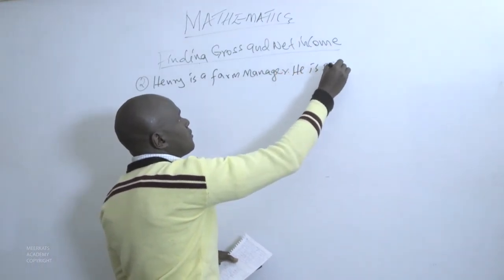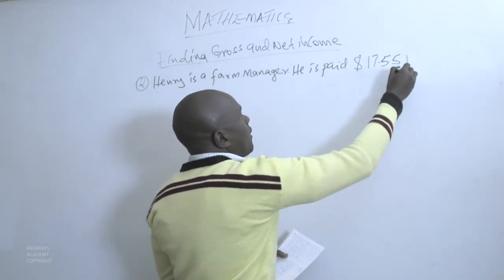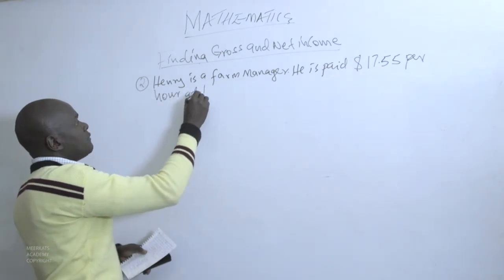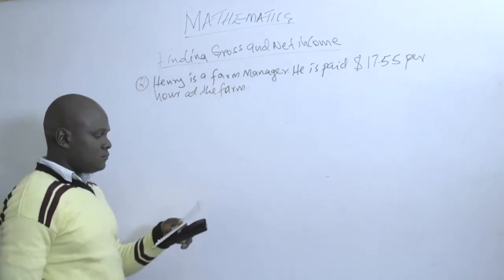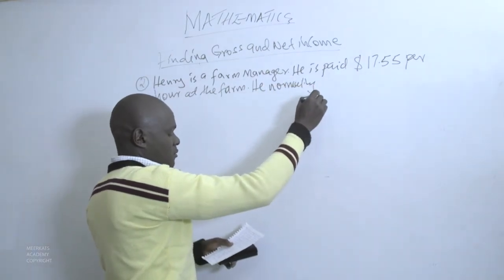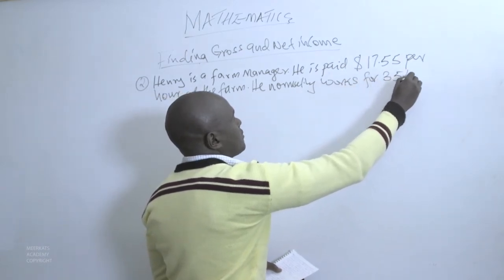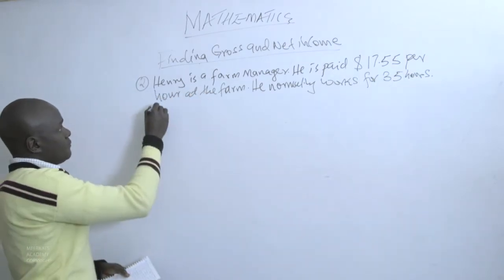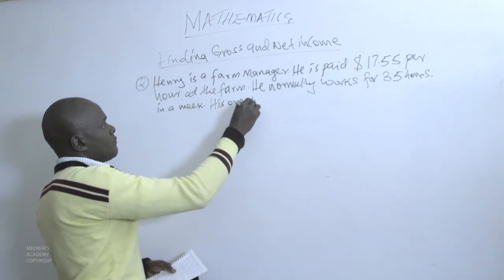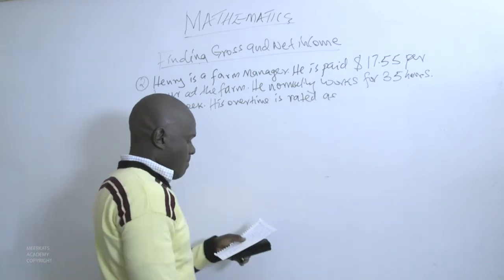He is paid $17.55 per hour at the farm. He normally works for 35 hours in a week. His overtime is rated as follows.